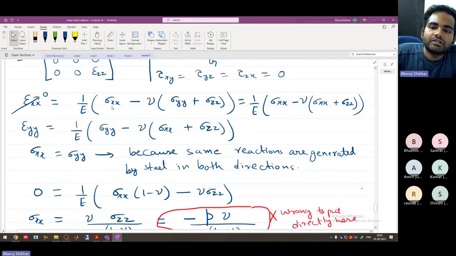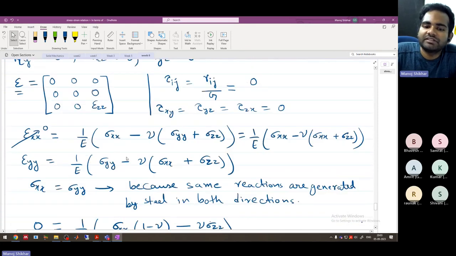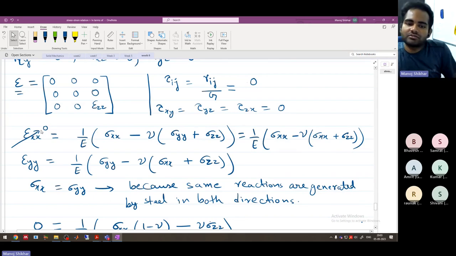Then we had to find sigma xx and sigma yy. From the problem, we understood that this problem is symmetric, and that's why sigma xx and sigma yy are equal. And that's why we use the formula of epsilon xx and epsilon yy, and we put epsilon xx tends to 0 because it is given. Suppose we did not know that sigma xx and sigma yy are equal, we would have used the second formula also.